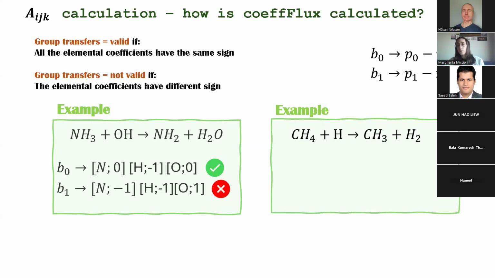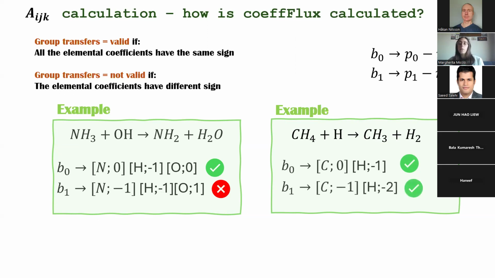The second example that we will see will have both B0 valid, here non-positive, and B1 also non-positive, and still valid. So in this last case, we have two valid group transfers. So we don't know exactly which molecular fragment we need to select and move in the reactant, because we have two possibilities. And so the reaction is still ambiguous and cannot be tracked in this way.